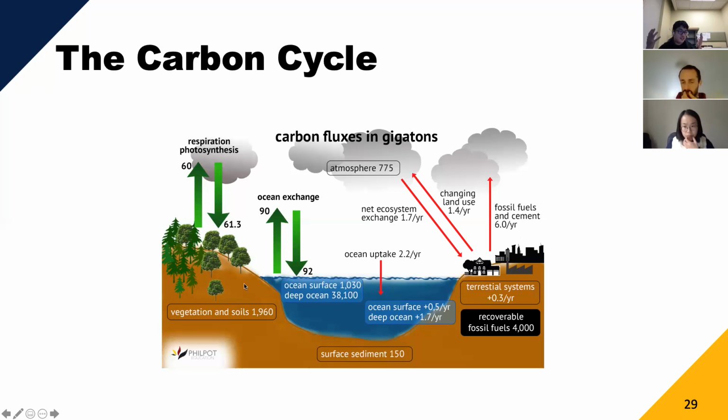And actually in nature, those are roughly in equilibrium, where the amounts are relatively similar. You have something similar happening for ocean exchange as well. And so again, balanced out.